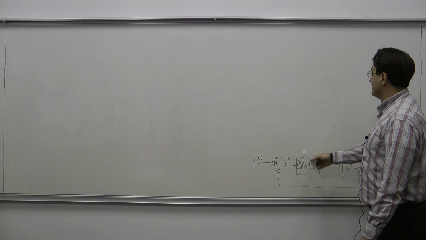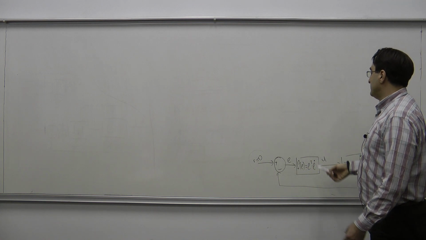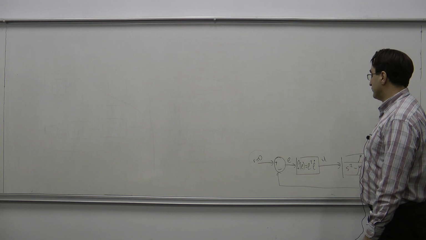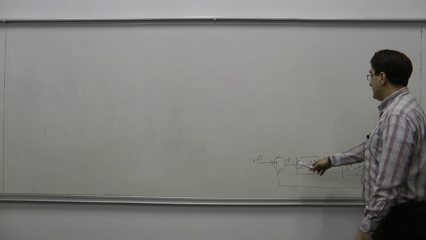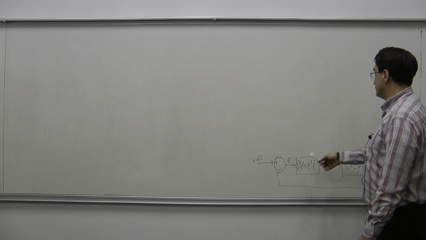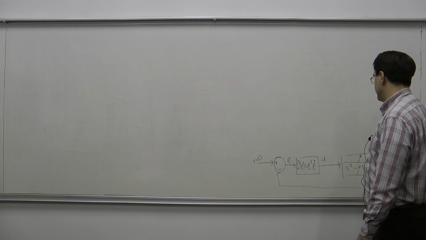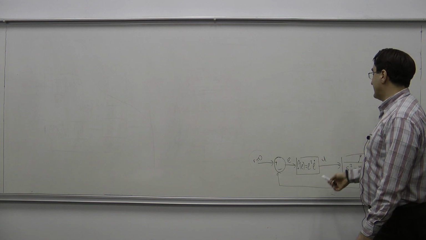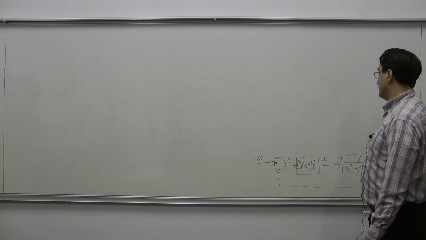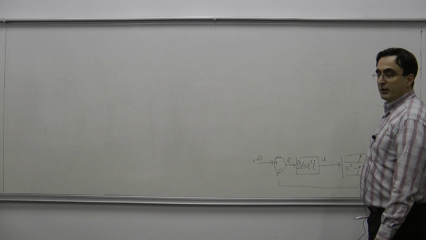So we will replace this nonlinear element with its linearized version, which we are going to call the describing function, and then we are going to continue our analysis using the linear control tools.